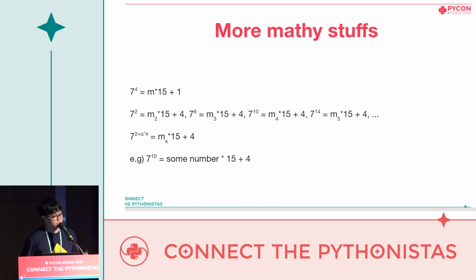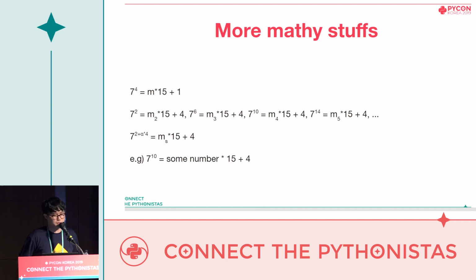Now, you might have noticed from the last slide that we already found a power that has a remainder 1, which is 4. Now, let's assume that we do not know this. We divided 7 to the power of 2 by 15 and got 4 as a remainder. We keep increasing the power and found that the remainder of 7 to the power of 6 divided by 15 also has a remainder of 4, and so do 7 to the power of 10, 14, 18, and so on.